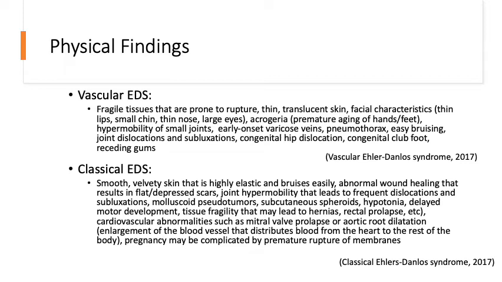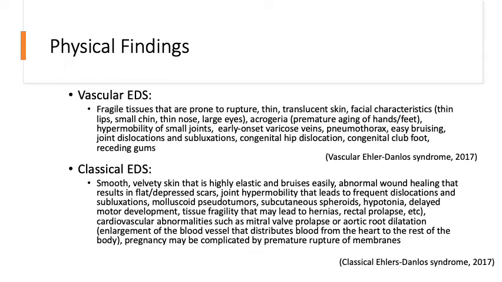The physical findings for vascular EDS include fragile tissues that are prone to rupture, thin translucent skin, distinct facial characteristics including thin lips, a small chin, thin nose, and large eyes, acrogeria, which means premature aging of the hands and feet, hypermobility of small joints, early onset varicose veins, pneumothorax, easy bruising, joint dislocations and subluxations, congenital hip dislocation, congenital clubfoot, and receding gums.